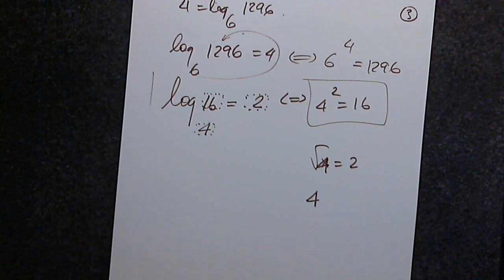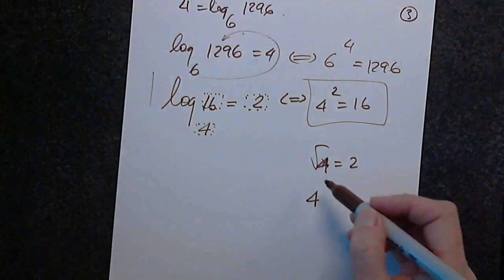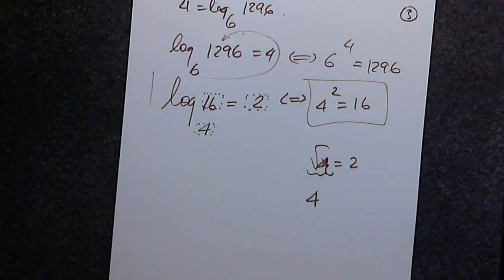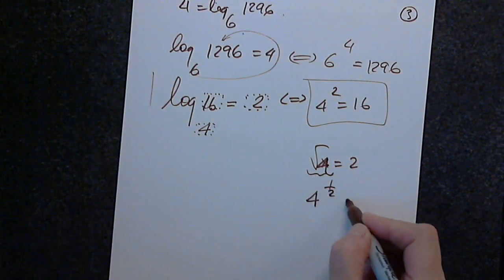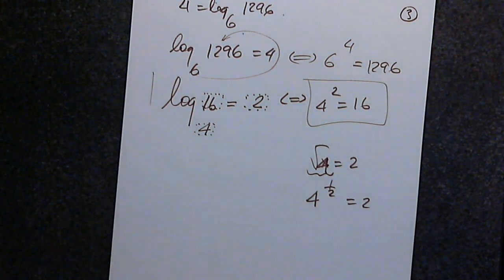What kind? How will I replace this with 4 raised to a power? Which power? 1/2, right? Please don't forget that. So a radical is always a power, but the power is a fraction. It's not an integer, right? Is that clear?